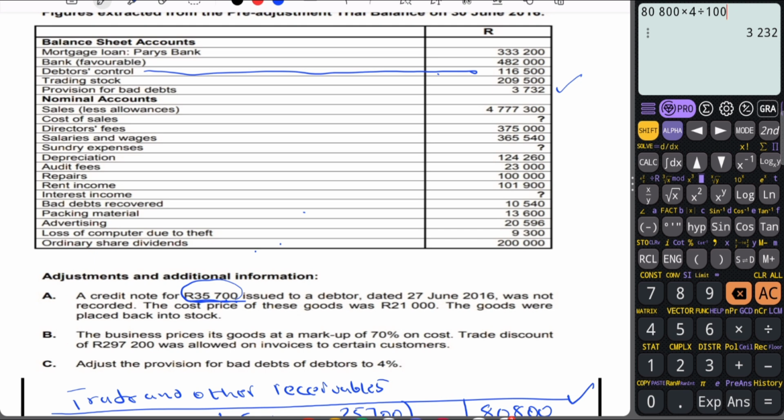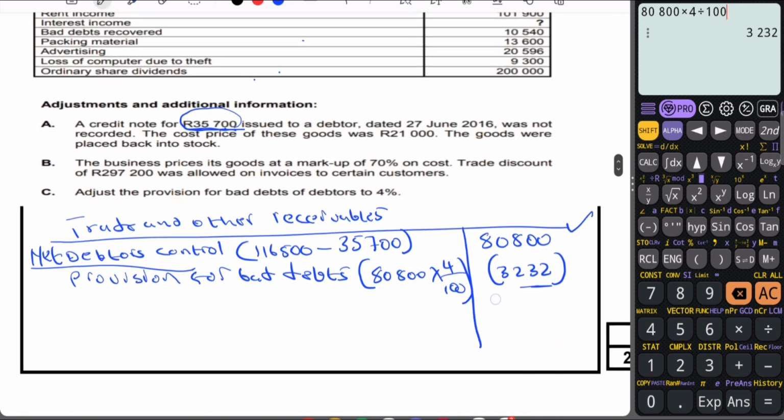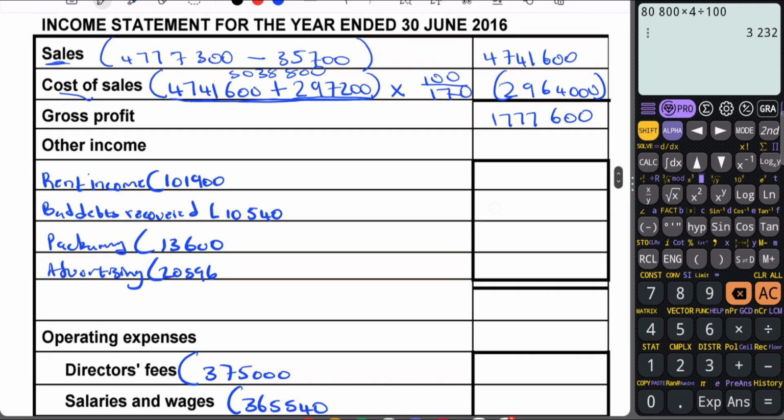So it means provision for bad debt has decreased from this amount to 3,232. Remember guys, if provision for bad debt decreases, it means that the difference goes to other operating income. Let's go to our operating income now.